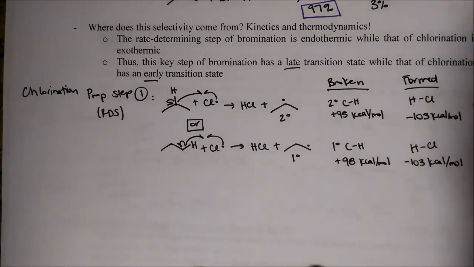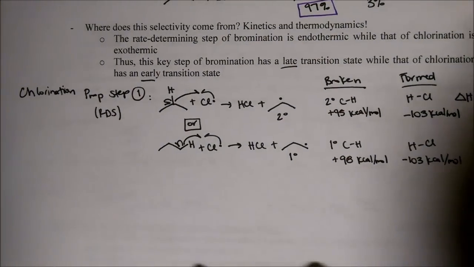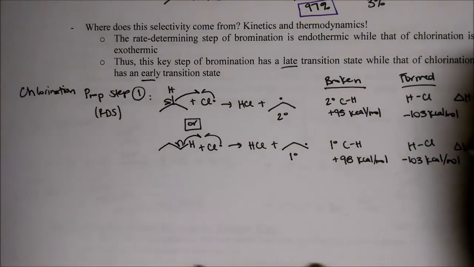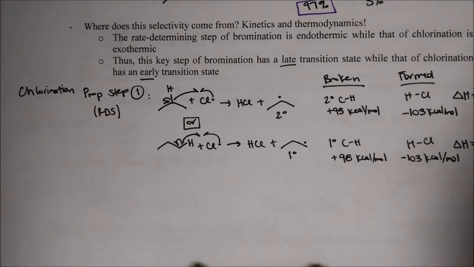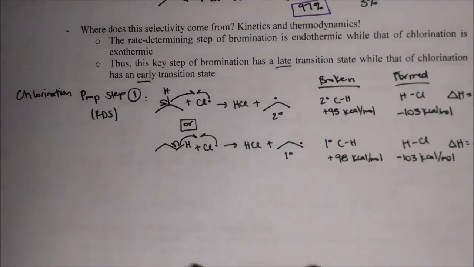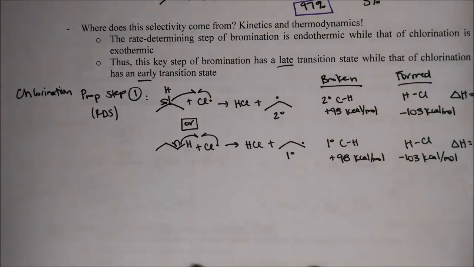So then delta H here is negative 8 kcal per mole, because we just add them up, or subtract this amount from that amount. And the delta H here is negative 5 kcal per mole. So that secondary radical formation is a little bit more exothermic, but importantly, these are both exothermic.